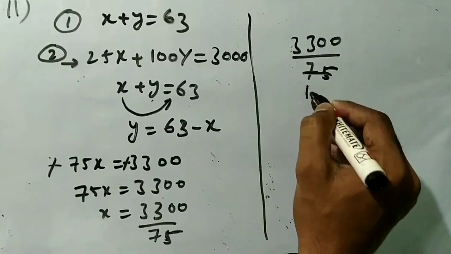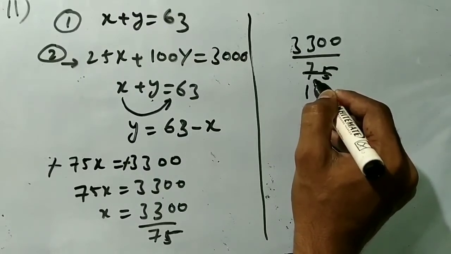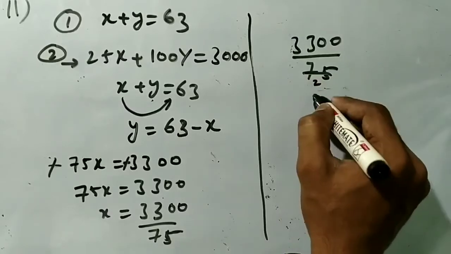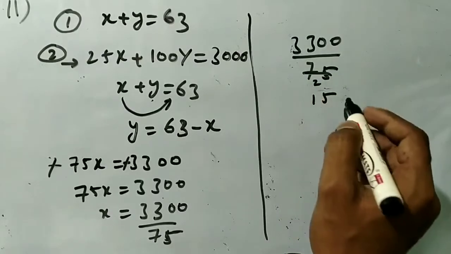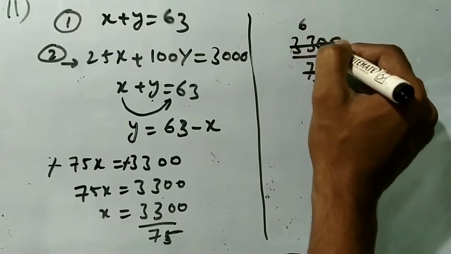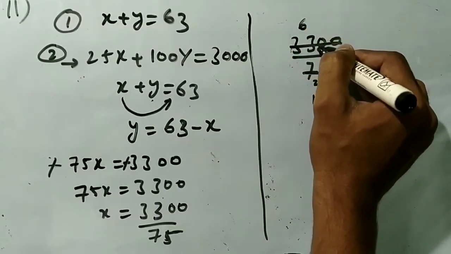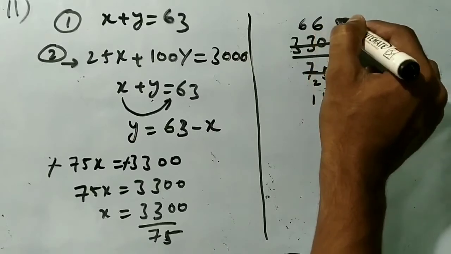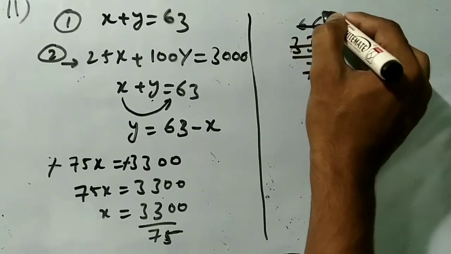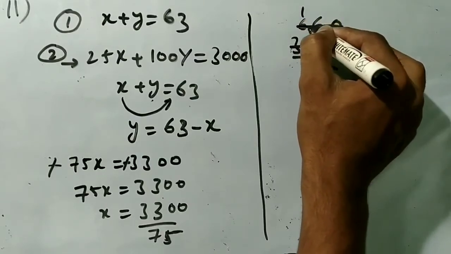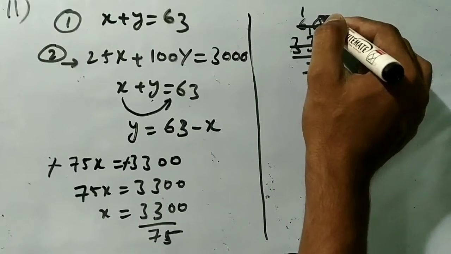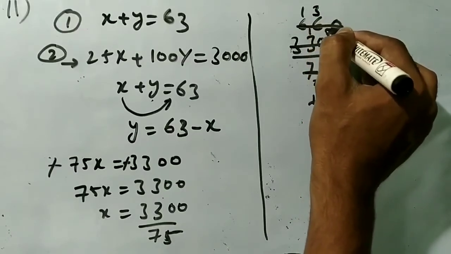Here remains 2, that is 25. 5 15s are 75, and 5 6s are 30. Here 3, so 30 again. 5 6s are 30, 0. So 5 3s are 15, again 1 here. 5 2s are 10.